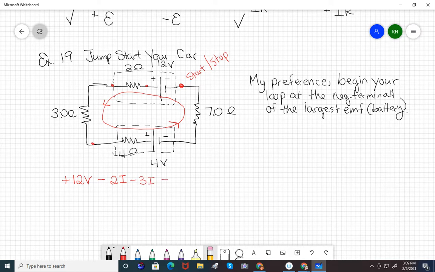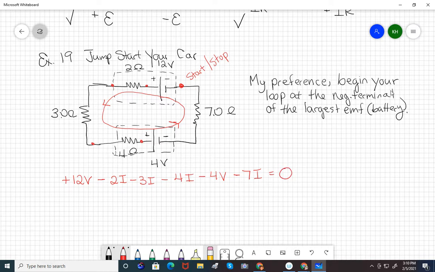When I go through this 4 ohm resistor, I'm going to lose 4I. But when I get to this battery, notice instead of going from low to high, this time I'm going from high to low. So instead of a gain, I'm going to lose 4 volts. I'm going to keep going, and I'm going to lose 7I. All of that should add up to be 0.